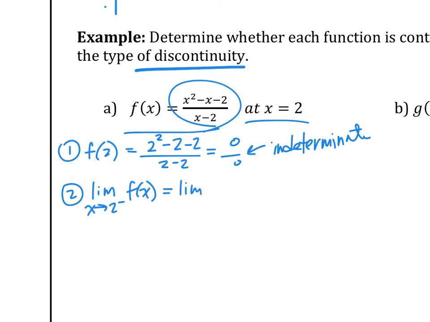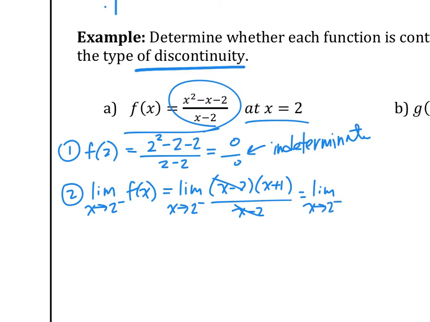So limit as x goes to 2. Okay, so factor, we get x minus 2 times x plus 1 over x minus 2. Then that cancels. And then we get limit as x goes to 2 minus of x plus 1. And that's equal to 3.